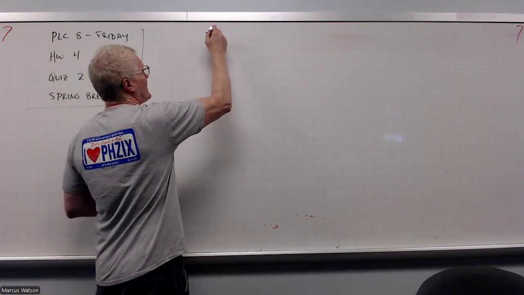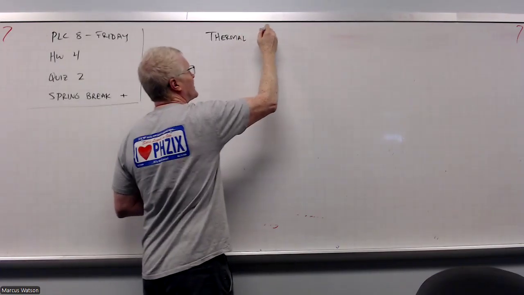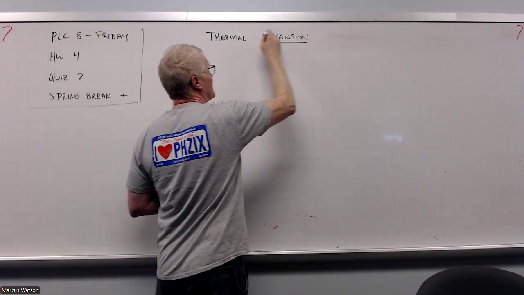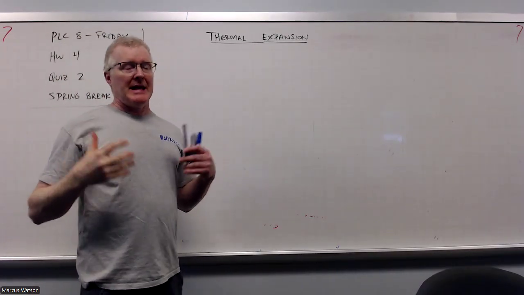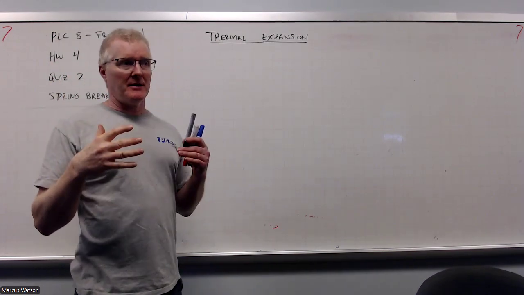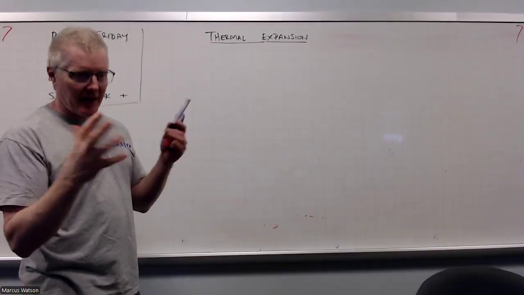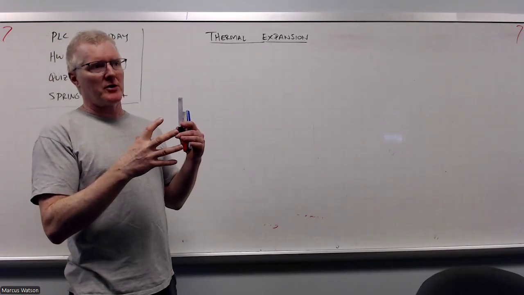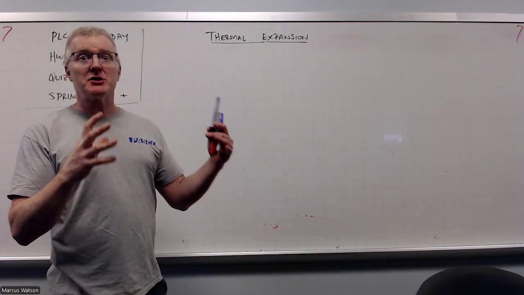I want to pick up where we left off here, talking about thermal expansion. The basic idea here is that when heat goes into an object and its temperature increases, the atoms, molecules, whatever they are, are vibrating a little bit faster, and they're changing their equilibrium positions, right?